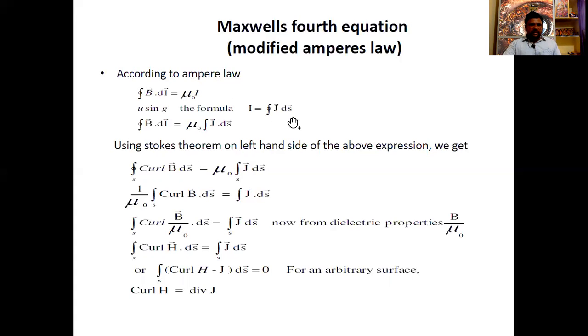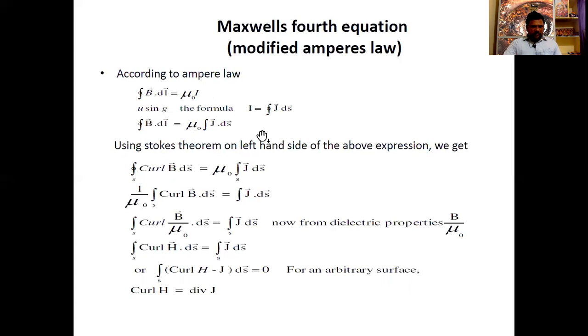So by using this relation, we are substituting it instead of I. The line integral of B bar dot dl bar over a closed path is equal to mu naught into the integral of J bar dot dS bar.